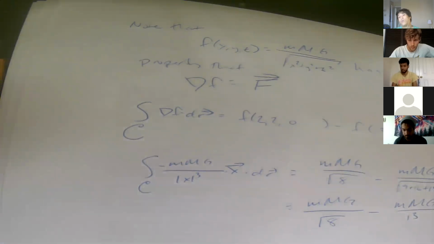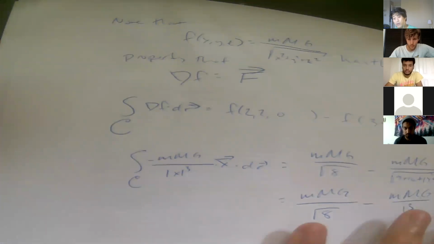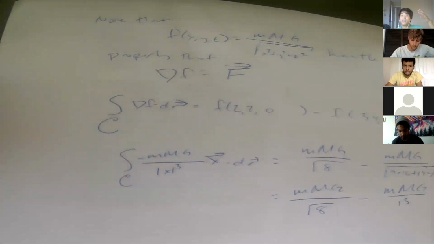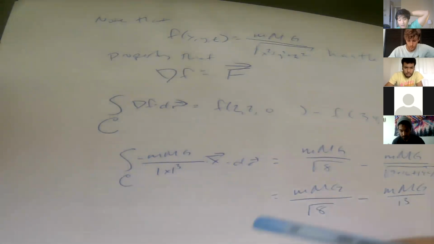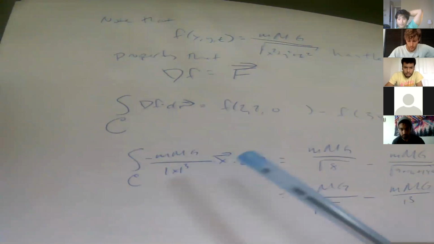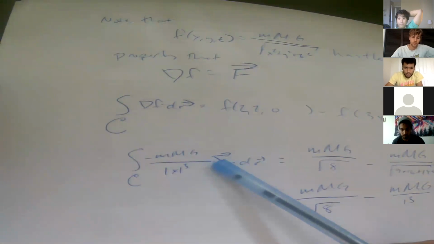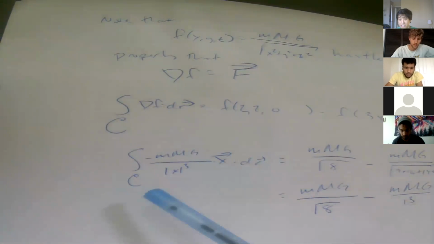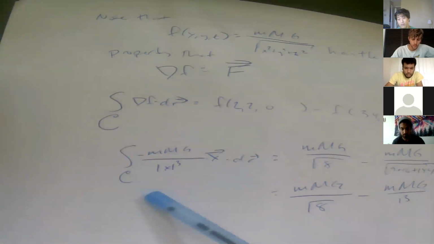Okay, so let's take a step back and think about what we learned here, or what we did here. We computed this really complicated integral over any curve C. I didn't pick a parameterization. I didn't even tell you what C looks like.